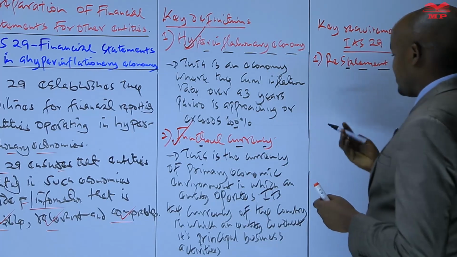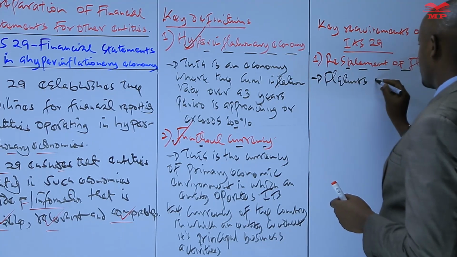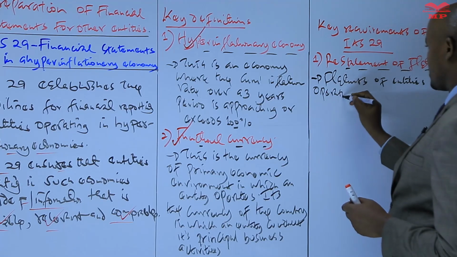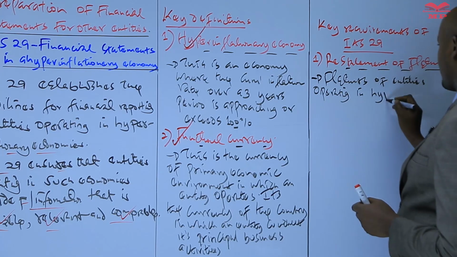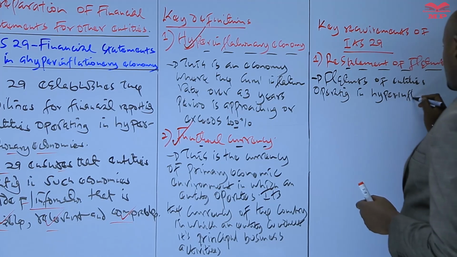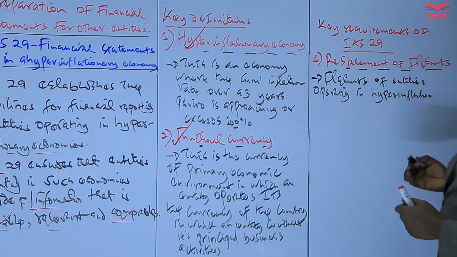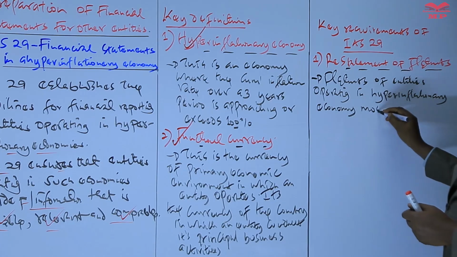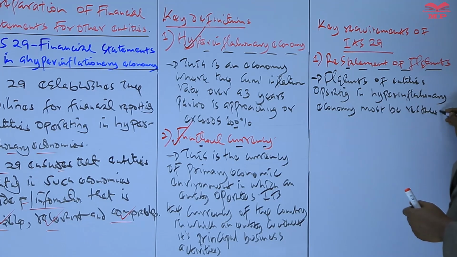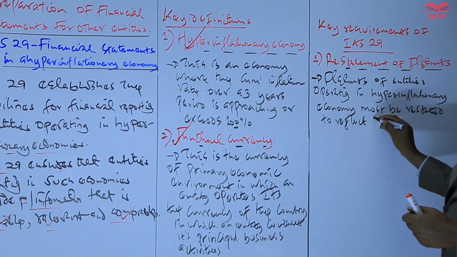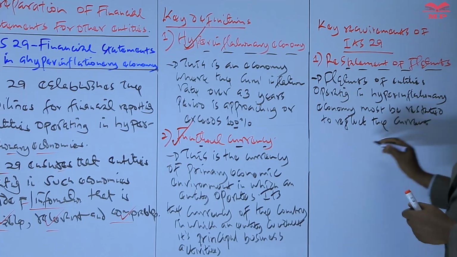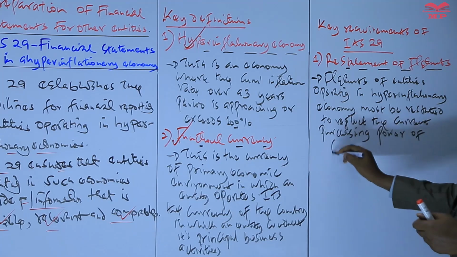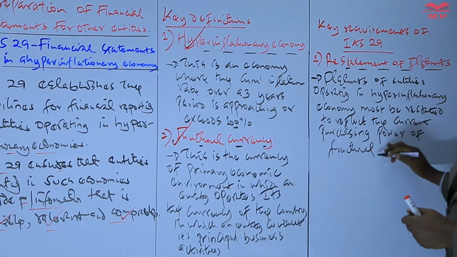So therefore, we can say financial statements of entities operating in a hyperinflationary economy must be restated to reflect the current purchasing power of a functional currency.